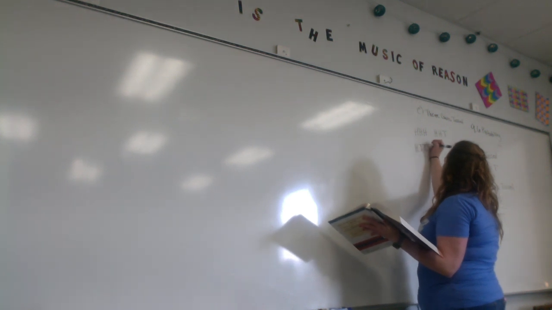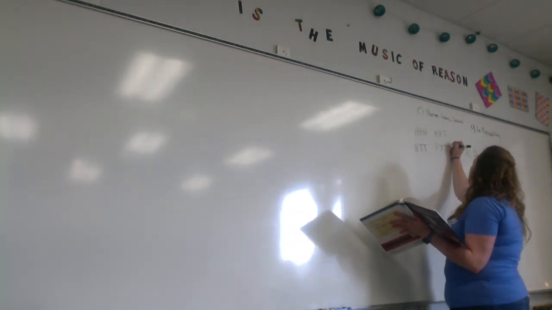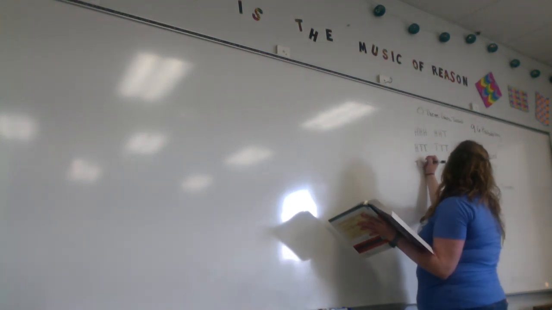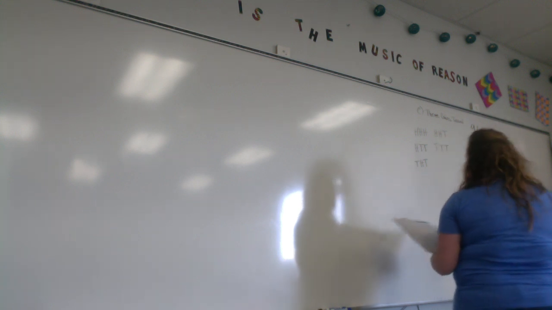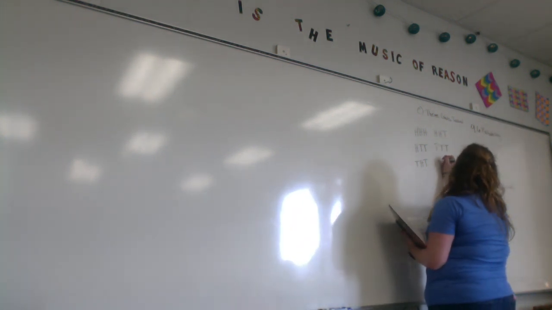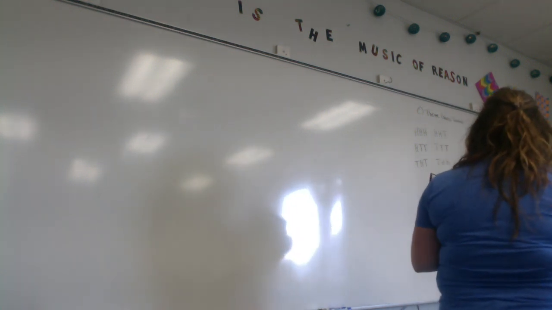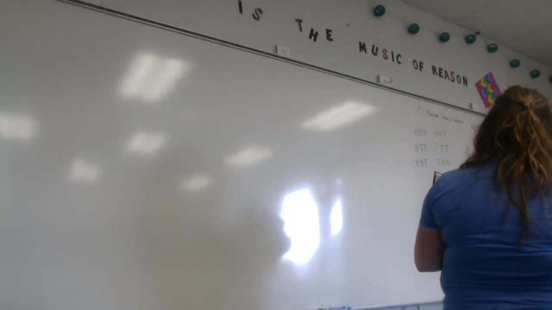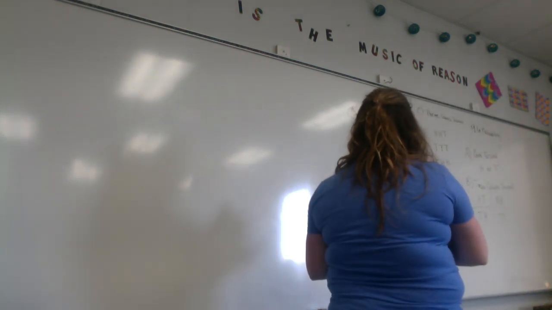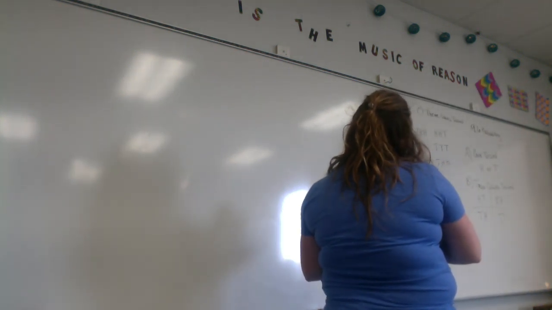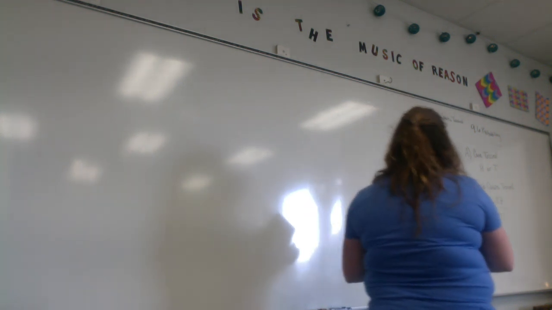You could go tail, tail, tail. You could go tail, heads, tail. You could go tail, head, head. There's a lot of probabilities. No, we didn't go tail first and then head, head. We went head, head, tail. You can go head, tail, head. You can go tail, tail, head.